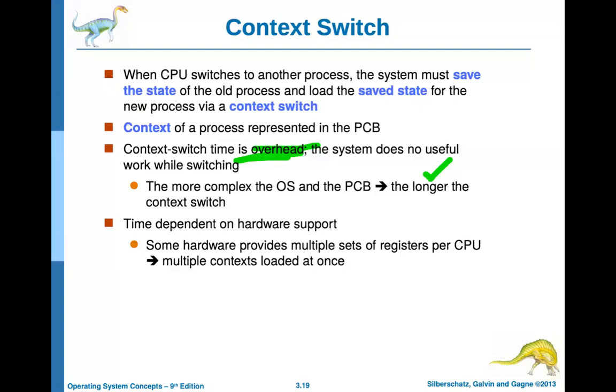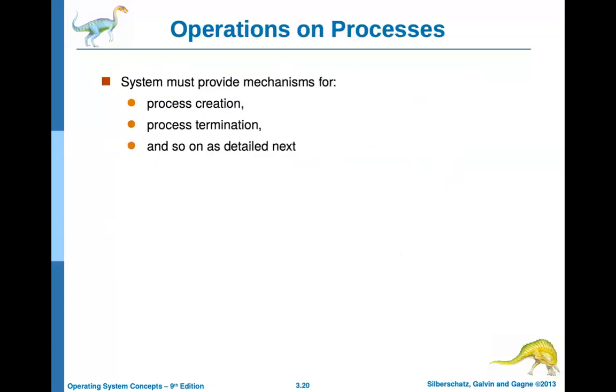So this is related to context switch. Now we want to see the operations on processes. The operating system is supposed to provide some mechanism to create a process, to terminate a process, and so on. Maybe inter-process communication and inter-process synchronization are also required.